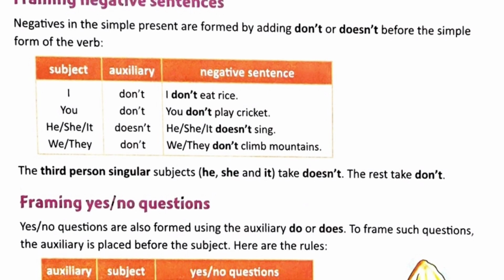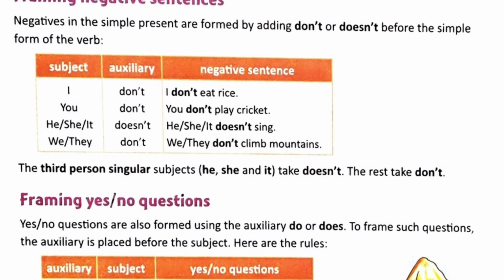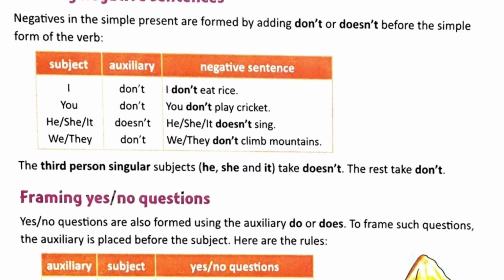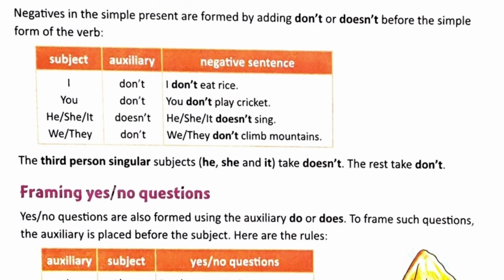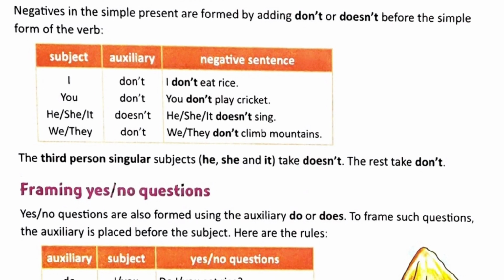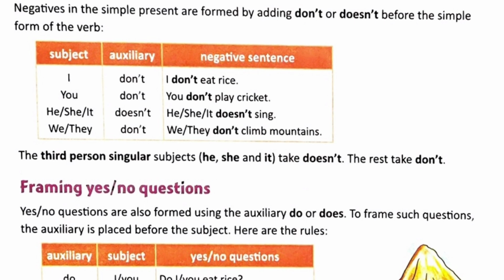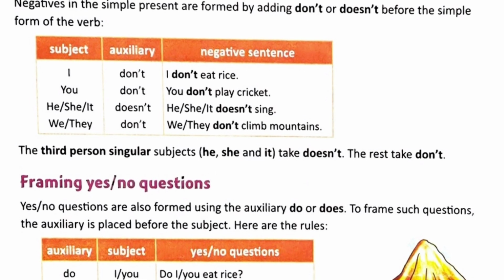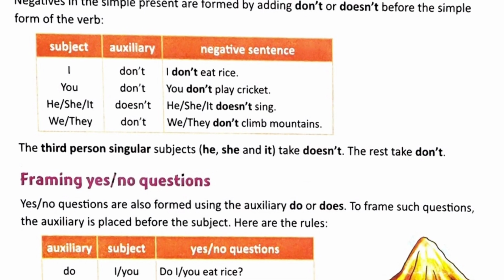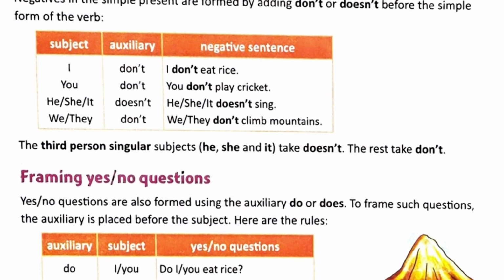Now if the subject is a singular noun or pronoun like he, she or it, it is followed by doesn't. So we say he, she or it doesn't followed by the root form of the verb, that is sing. Now in the fourth case, we have the subject we or they, that is a plural pronoun, or it can be a noun also.